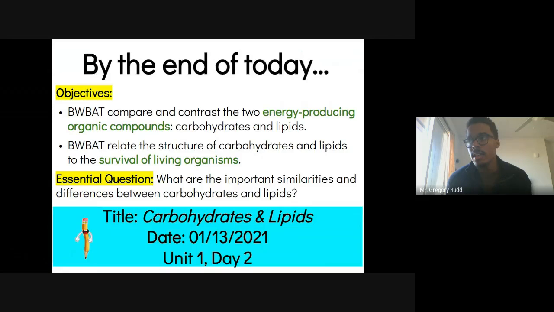The second objective is to relate the structure of carbohydrates and lipids to the survival of living organisms. So we want to always come back to this question of how does this contribute to living organisms and their survival? So we want to make this very practical. What is the role? What's the function of carbs and lipids for the survival of living organisms?